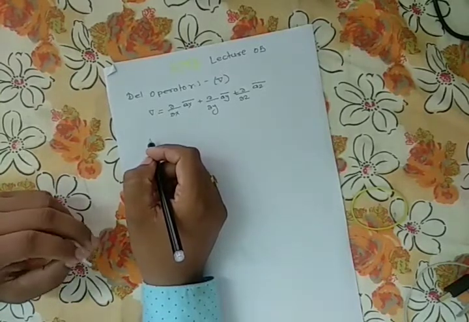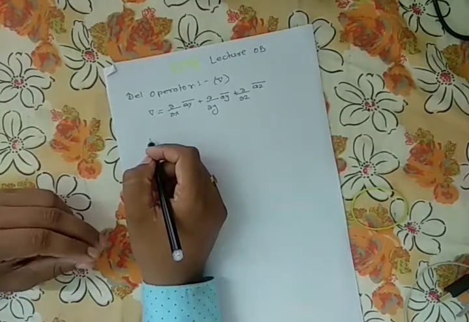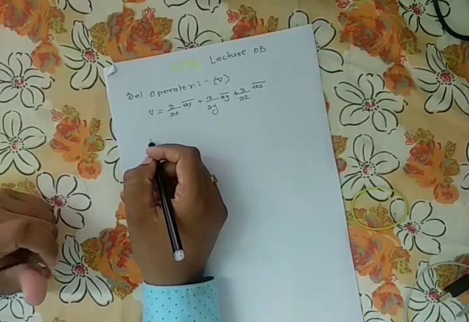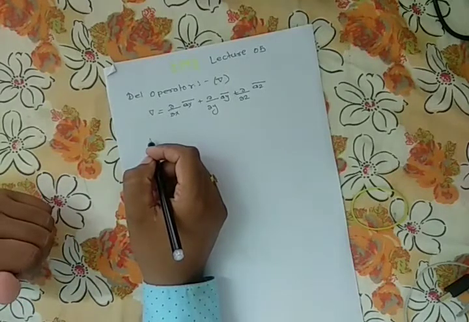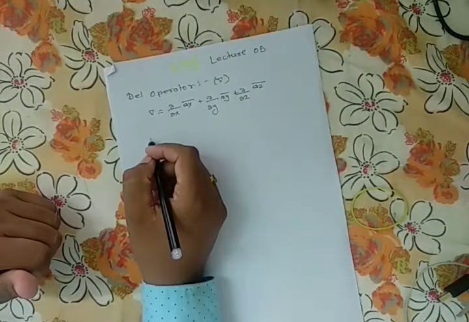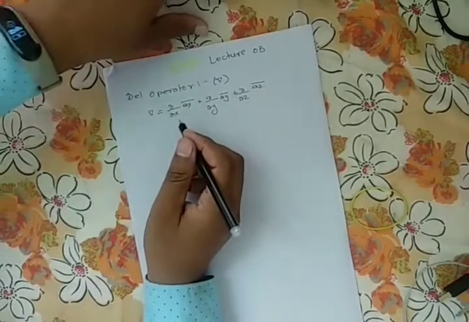So when the del operator operates on a scalar quantity, it is called a gradient, and when it operates on a vector quantity, it is called a curl or divergence. When we operate with the dot product, it is called a divergence, and when it acts as a cross product, it is called a curl.